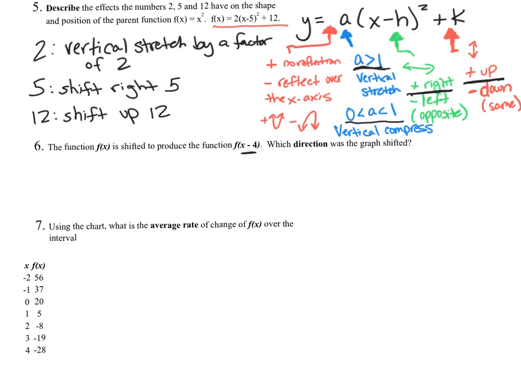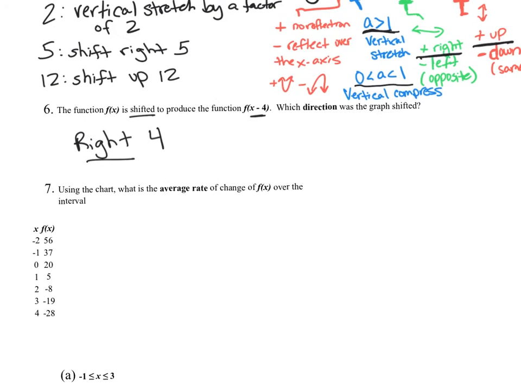Well, if it's -4, we do the opposite because it's in our bubble. So the opposite of -4 would be +4. So positive would go right. So it is shifted right, and we have to put the value, so shifted right 4. Okay.